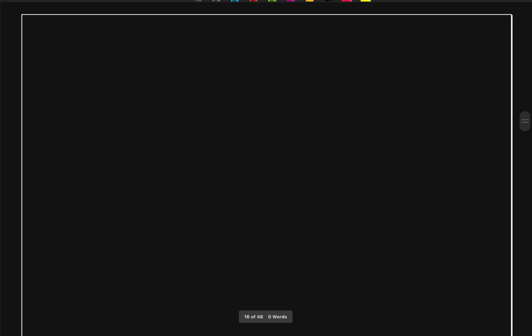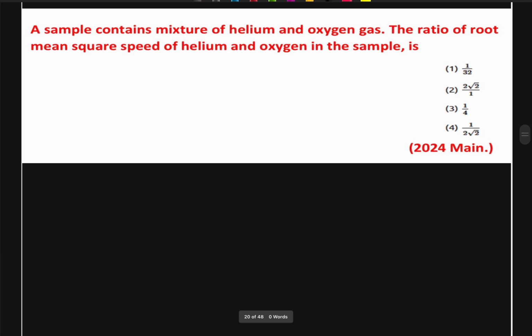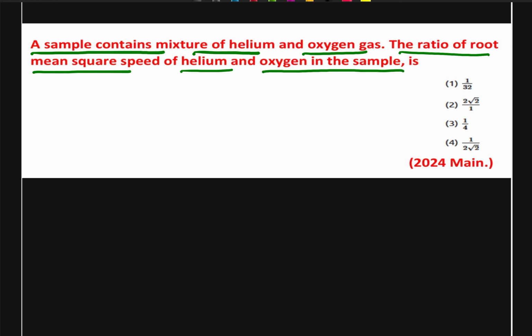Next question. In this question, a sample contains a mixture of helium and oxygen gas. The ratio of root mean square speed of helium and oxygen in the sample is.